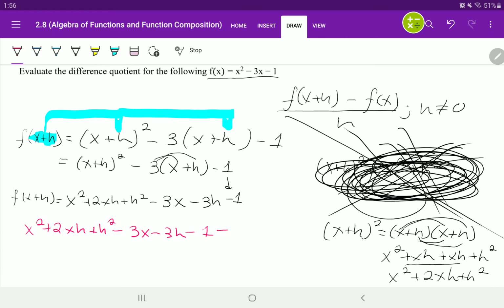Now minus, remember, you must put parentheses for the second polynomial. There's going to be f of x, which is x squared minus 3x minus 1, and that's all divided by h.